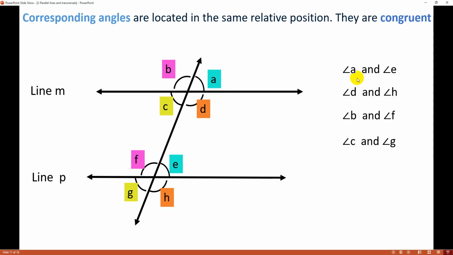So basically, A and E have the same value, right? If A is 60, E is 60, as we saw before. D and H, same thing, same value. If D is 120, H is 120. B and F, same values. If B is 120, F is 120. And C and G are also congruent. If C is 60, G is 60.